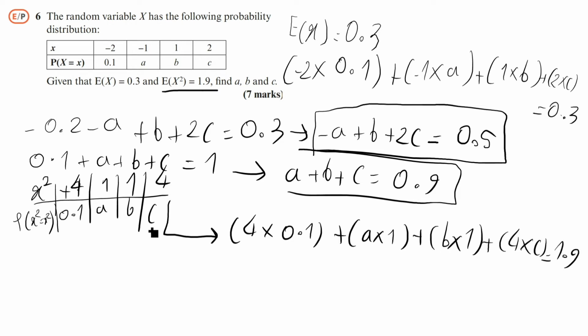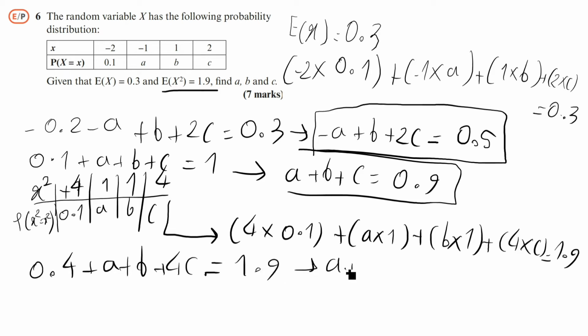We just need to simplify this to find our third equation: a plus b plus 4c will be equal to 1.5.